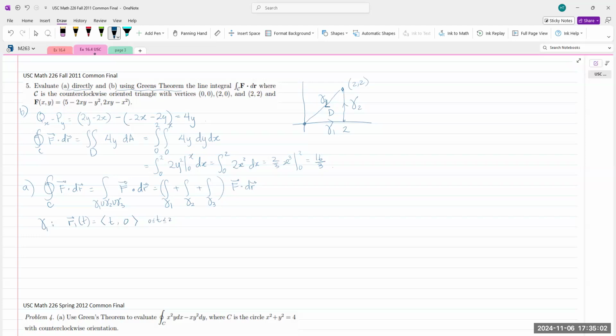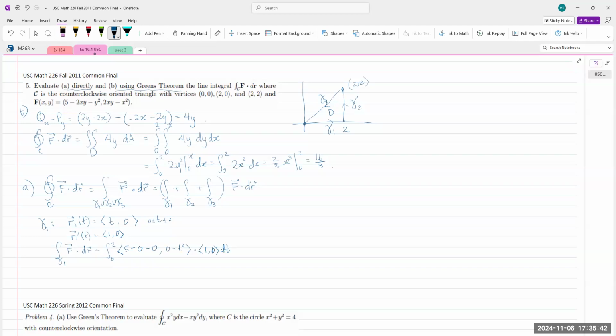Then R1 prime of t is (1, 0), such that the integral over gamma 1 of F dot dr is the integral from 0 to 2 of F, which is (5 minus 0 minus 0, 0 minus t squared), dot (1, 0) dt.